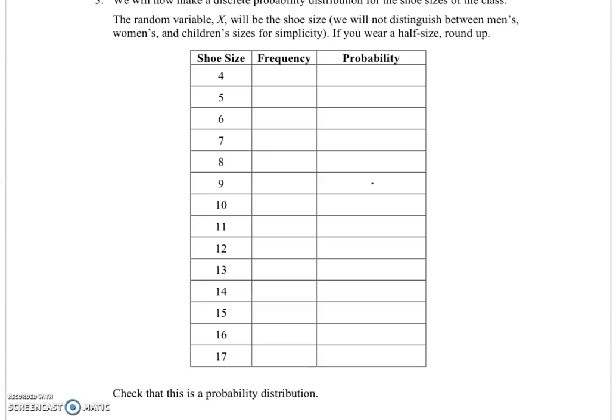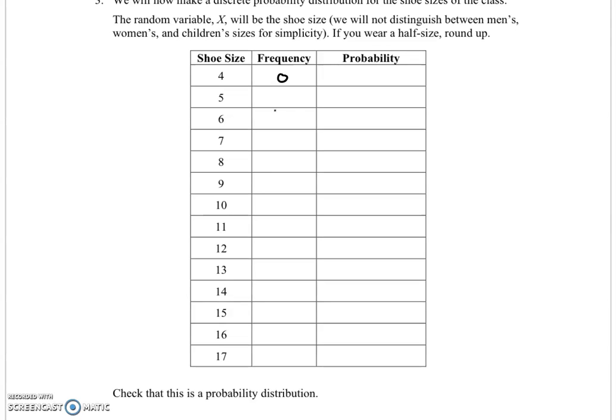So the random variable x is the shoe size, and we're not going to distinguish between men's, women's, and children's, just for simplicity's sake. And if you wear a half size, we would round up to the next one, just to make our lives simpler. Since I don't have the class, I used a random number generator to get our values.